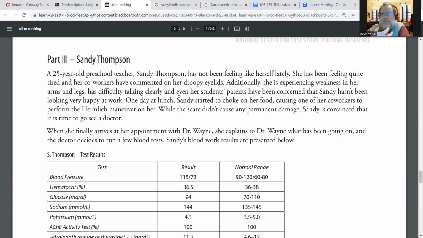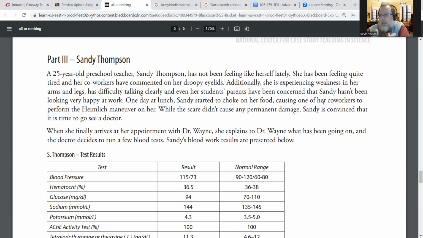Again, the ability to speak comes from a lot of muscle coordination within the mouth and the throat area. So if she's having difficulty speaking, more muscle control problems. Her parents say she hasn't been looking very happy, maybe kind of frowny even. Again, if you lose proprioception, it can look like you're mad or frowning all the time. Now she's choking at work.